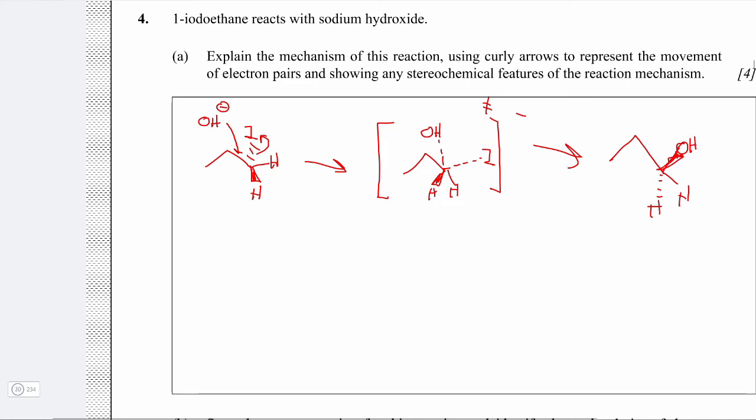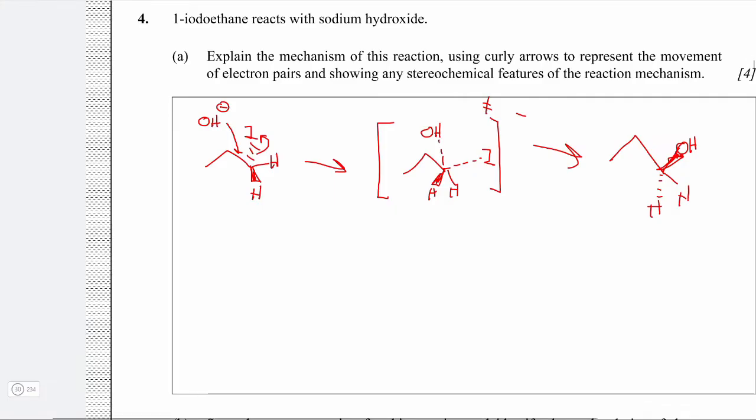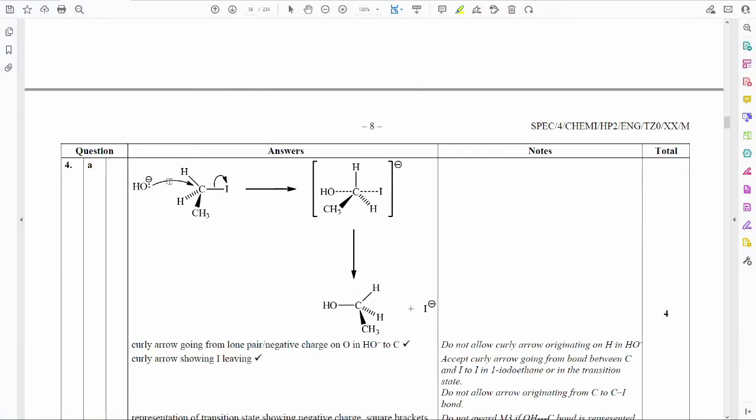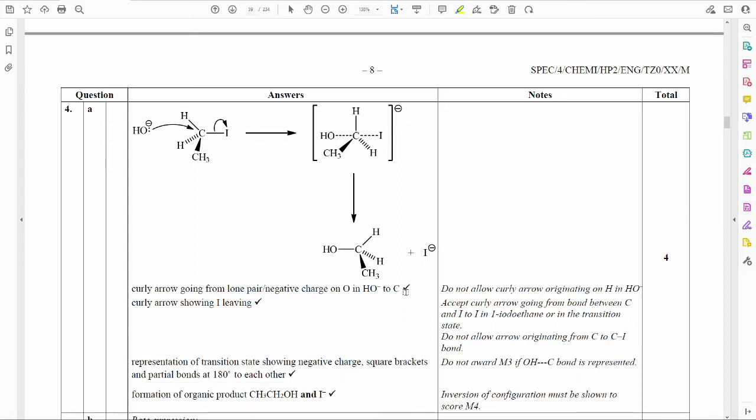Okay. I think it's better visualized here, because it's supposed to attack from the back, which my drawing doesn't demonstrate too well. But anyways, you have the hydroxide attacking here, kicking out the leaving group with this type of transition state. Then the stereochemistry reverses.